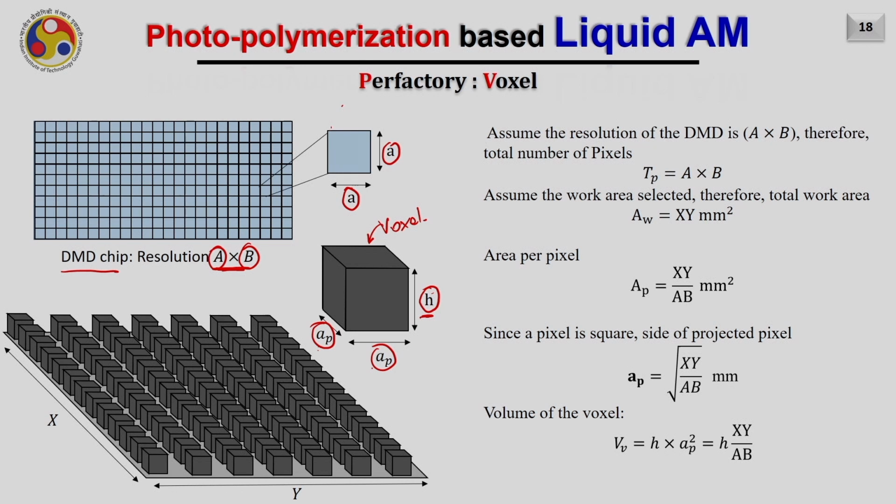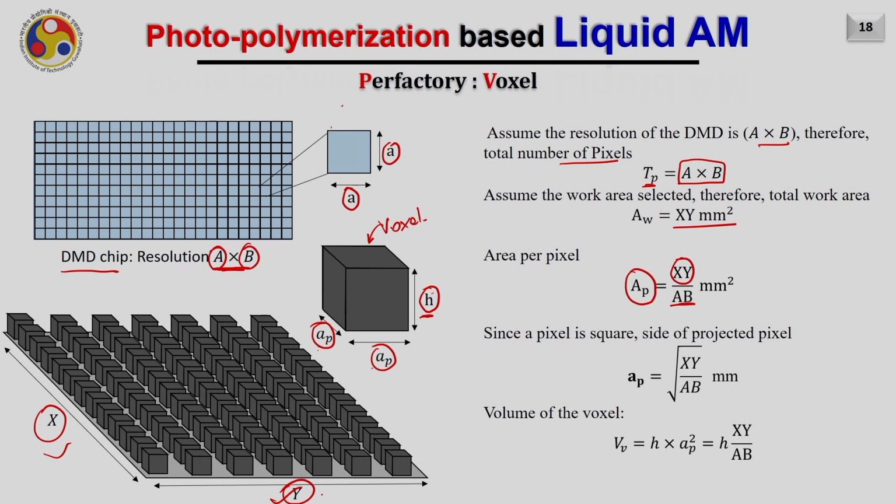Now assume the resolution of the DMD is A cross B, therefore the total number of pixels will be TP equals A cross B. Now assume that the work area on which we are going to make the part is x by y. Hence the entire area will be xy mm square. Now the area of the voxel cured on the xy plane can be given by the area AP squared equals the entire area of this bed divided by the resolution of the DMD chip.